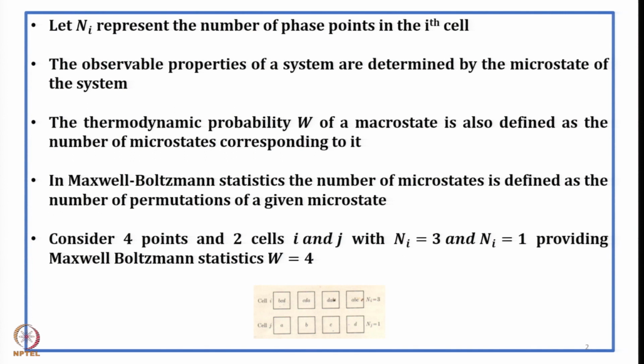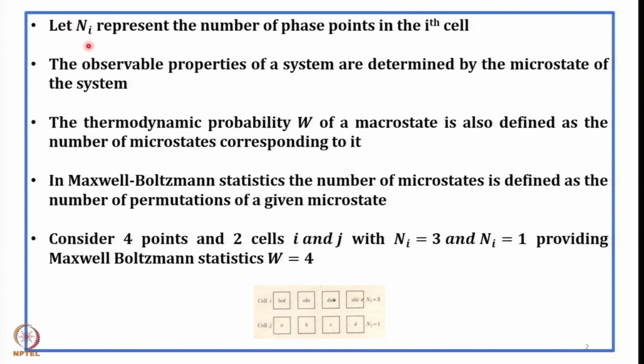And the various energy levels we will talk about in terms of cells. For example, consider two sets of cells, cell I and cell J, and let there be some different compartments in cell I and in cell J.